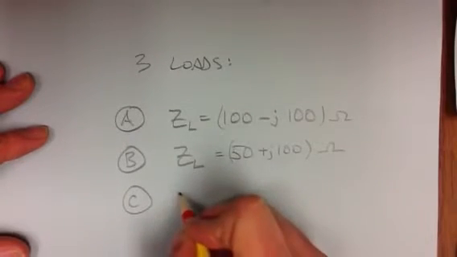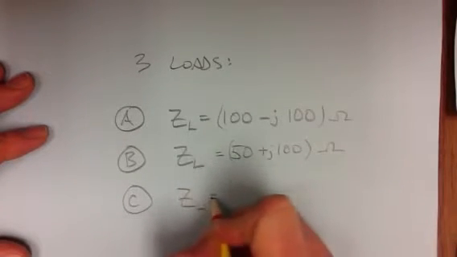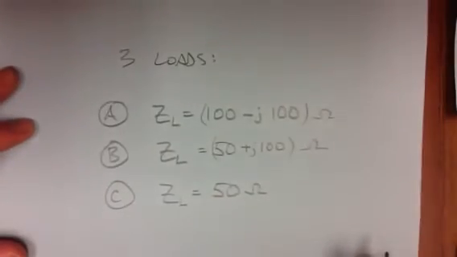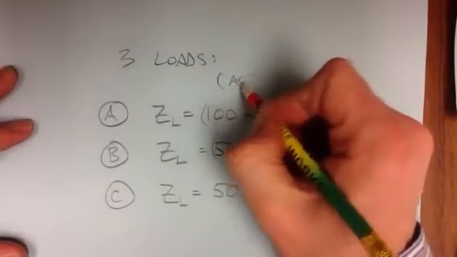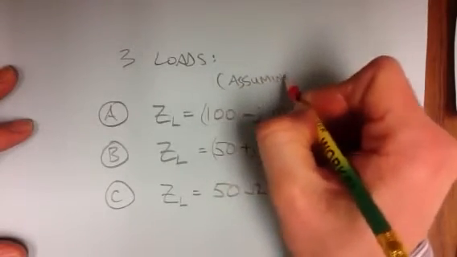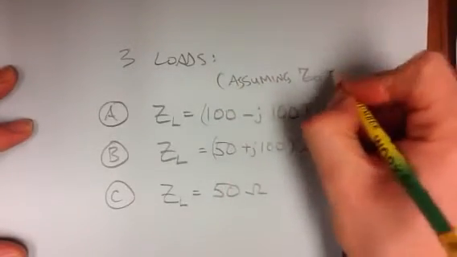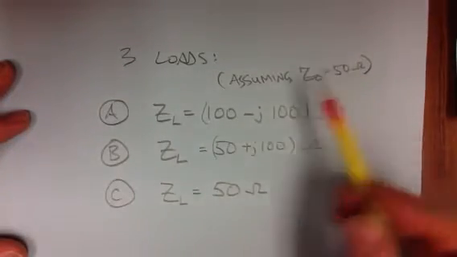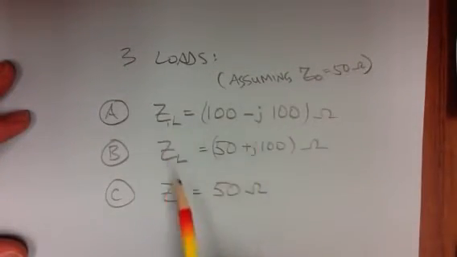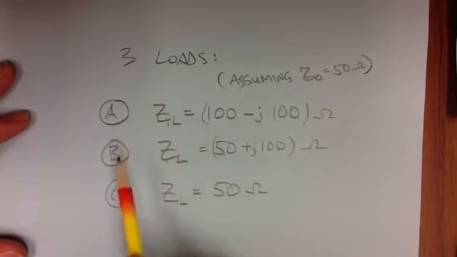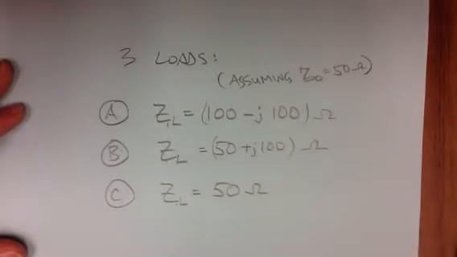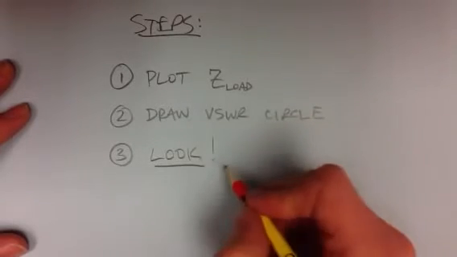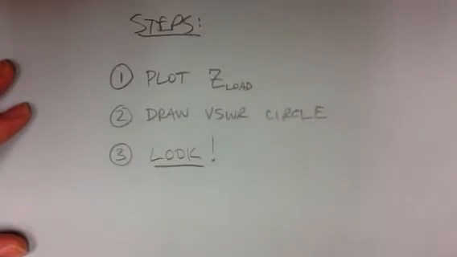C, load impedance equals... Okay, I'm going to be assuming that the characteristic impedance is 50 ohms. So on a 50 ohm line, here's one antenna, here's another antenna, here's another antenna. We'll plot all these three, and then we will draw VSWR circles, and then we will look and find out what the VSWR is.